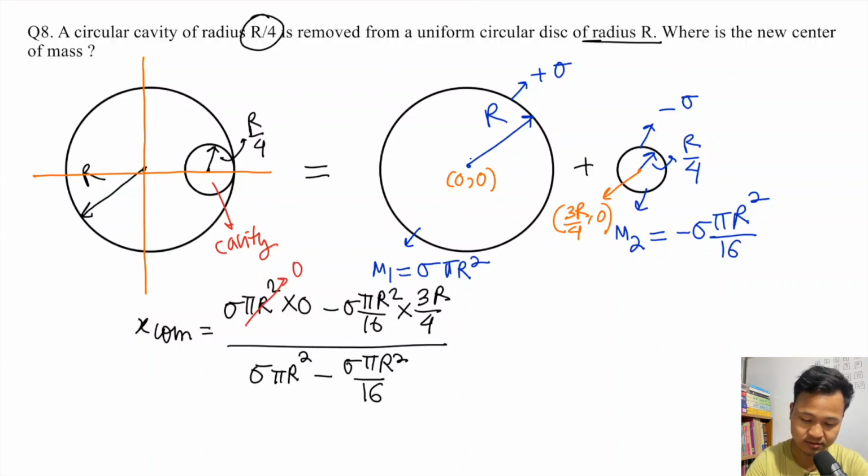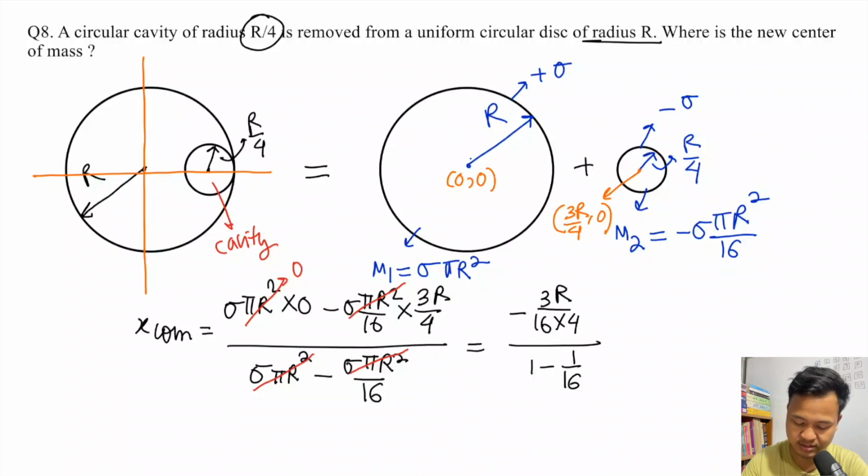Sigma pi r square gets cancelled out. So remaining is how much? I will have here minus 3r divided by 16 into 4 divided by 1 minus 1 by 16. So here I will have minus 3r by 4 into 15. 16 gets cancelled out.